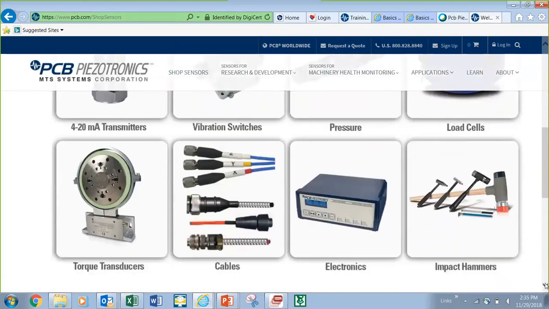So there's many other products that we can help you with as well, but I wanted to at least focus on accelerometers for this purpose of this presentation. So let me go back to the presentation.